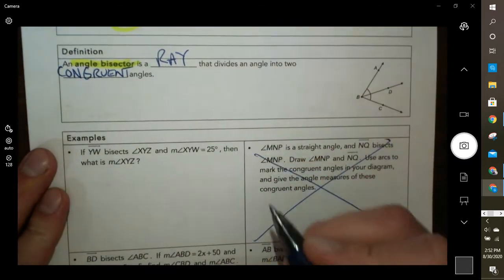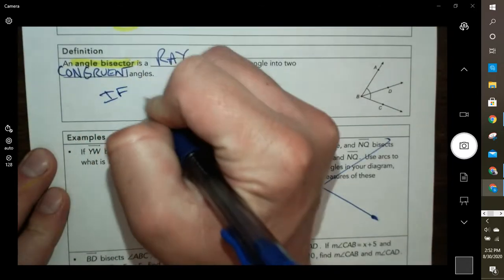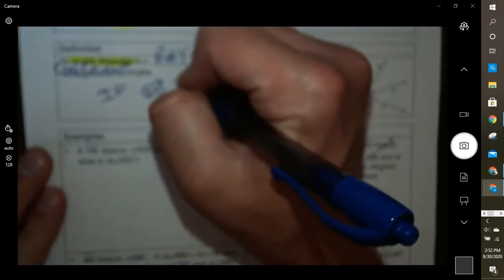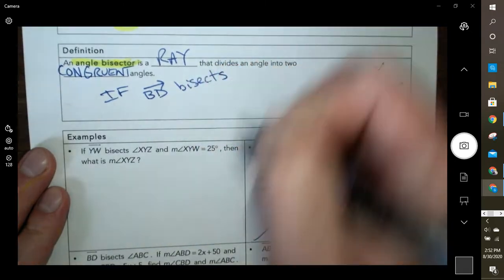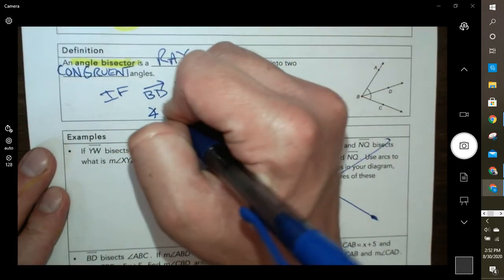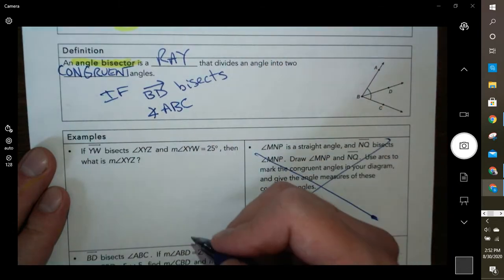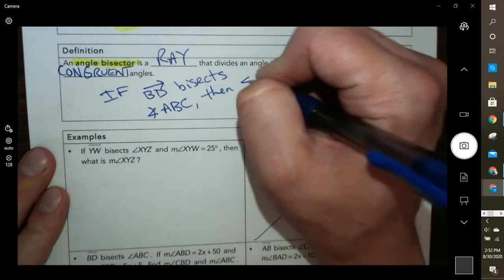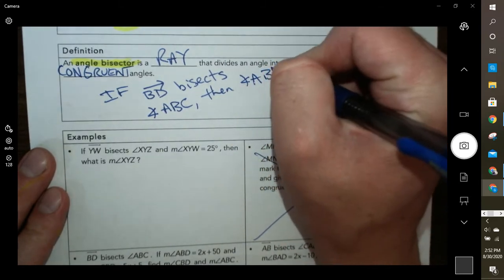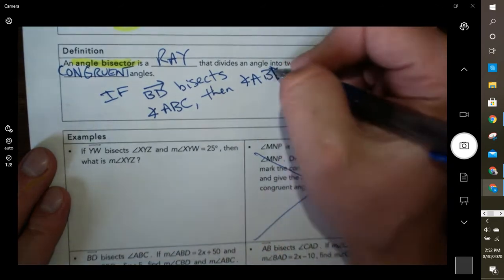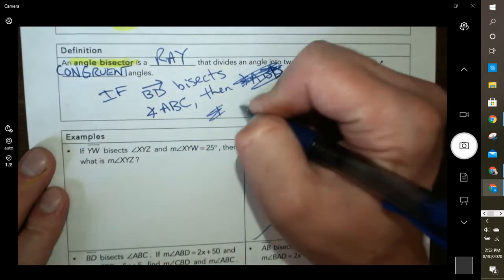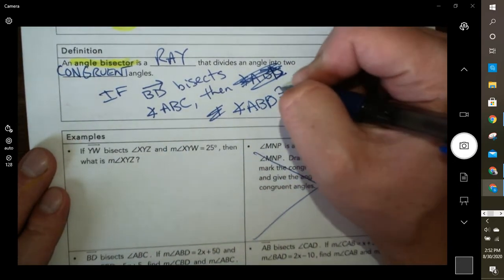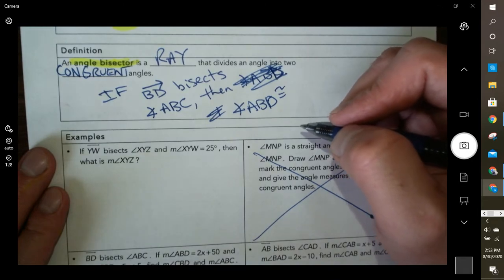Let's write a statement here. So if ray BD bisects angle ABC, then angle ABD, let me rewrite this here, angle ABD, should be using a pencil, is congruent to angle DBC.